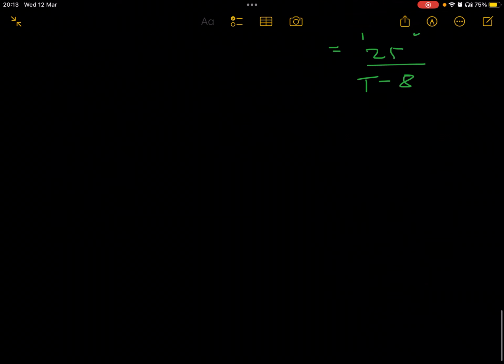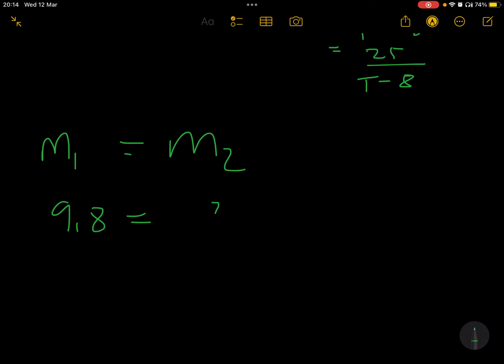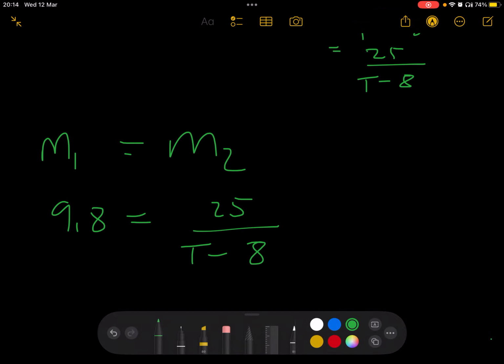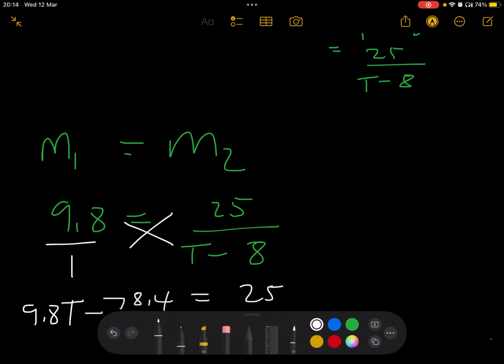Remember we said those lines are parallel and they have the same gradient, which means m1 will be equal to m2, meaning 9.8 will be equal to 25 over t minus 8. Now we divide this by 1, and then we cross multiply, and we get 9.8t minus 78.4 equal to 25.